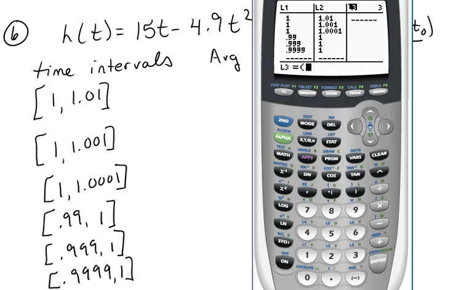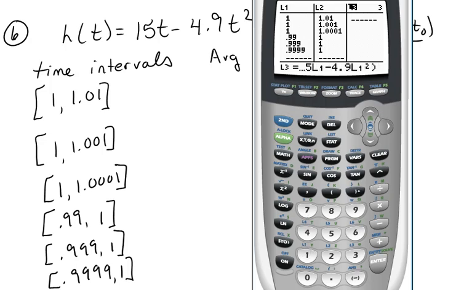So you're going to do 2 parentheses, and then you're going to do 15 times L2. So you can just do second L2, and then minus 4.9 times L2 squared. And then you'll subtract the function evaluated with the data in L1, so 15 times L1 minus 4.9 times L1 squared.